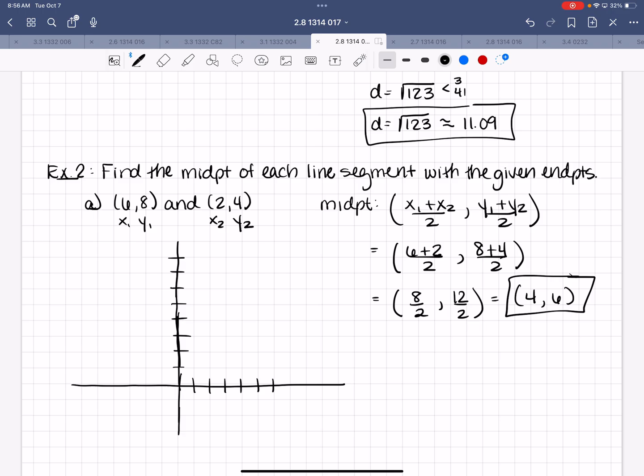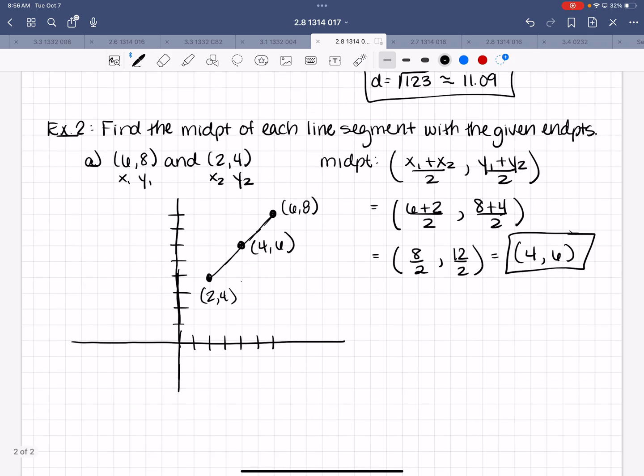Okay, so I have (6, 8) as one of the points, and then I have (2, 4) as the other endpoint of that line segment. And we just found that the midpoint is (4, 6). So 1, 2, 3, 4, 5, 6. And sure enough, there it is. Graphically, that's what that looks like. You've now found the midpoint algebraically and graphically.